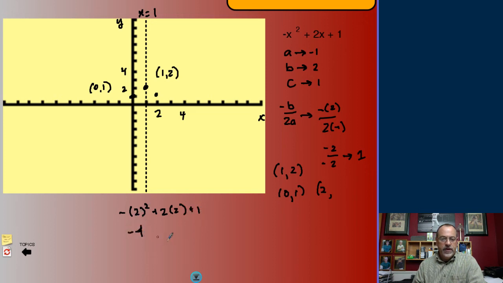So that's 4, and the opposite of that is negative 4 plus 4, and then plus 1. So that's going to be 0, and then 1. So that cannot be right. Oh, yes, it can. Sorry. What did I do wrong there? I didn't do anything wrong. I just picked the point I already have.